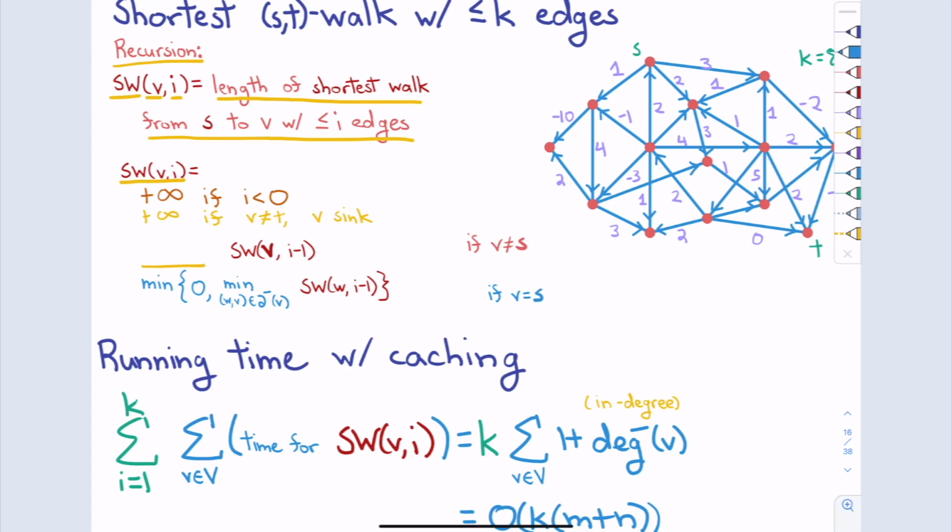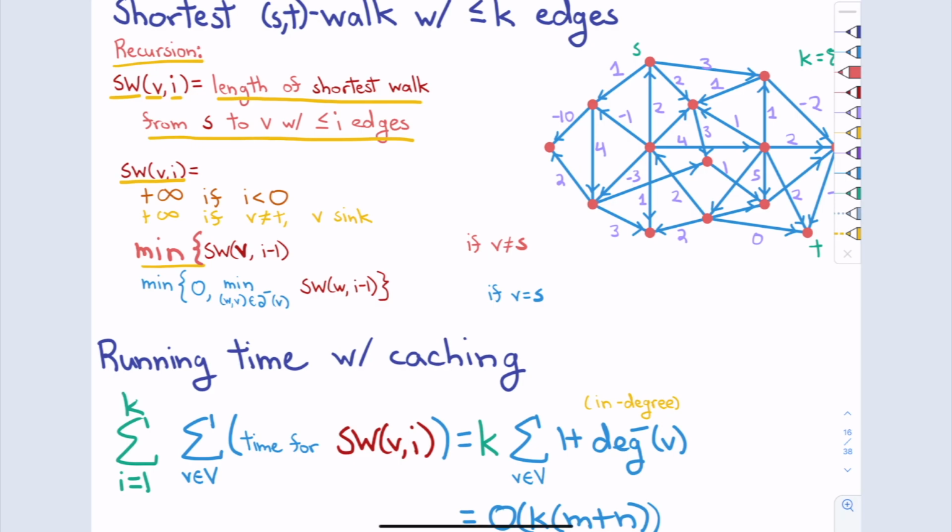Okay, so I had some typos. If v is not s, we can take the minimum of what we've already had.